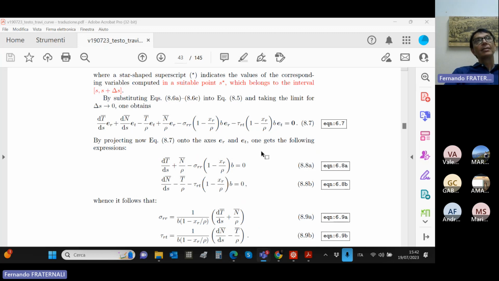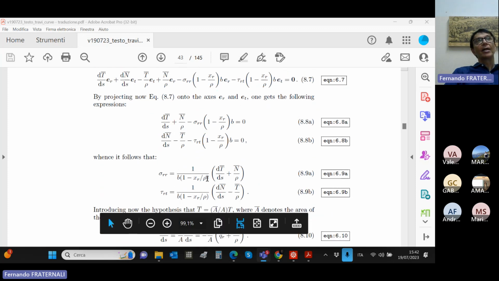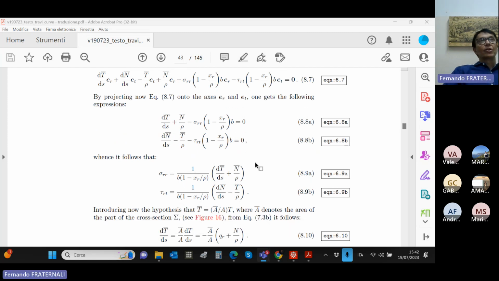Indeed, by inverting these two equations, we obtain sigma RR equal to 1 over b times the Jacobian dT over ds plus N over rho, and tau RT is equal to this quantity 1 over b.